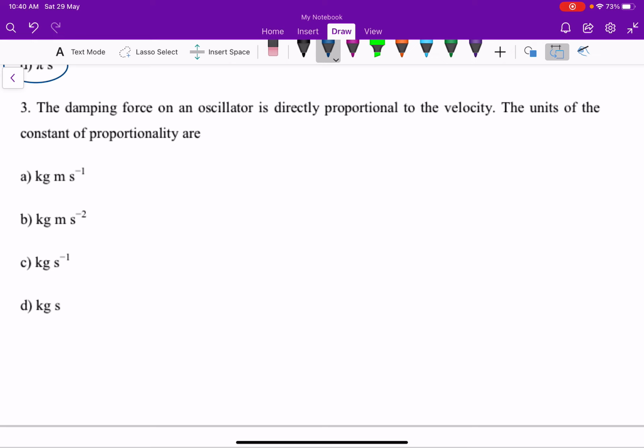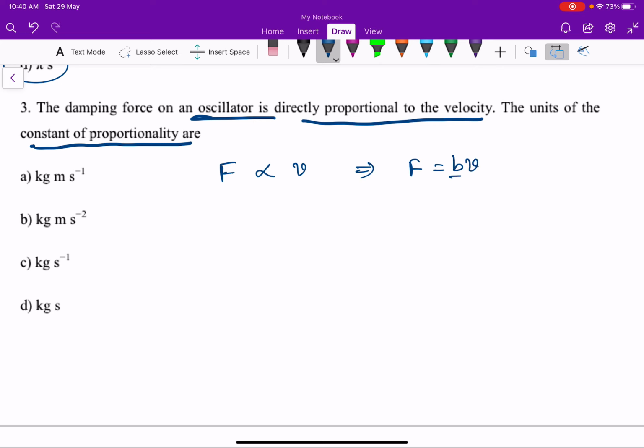See, the damping force of an oscillator is directly proportional to v. What are the units of the constant of proportionality? The damping force F is proportional to v. By removing the proportionality symbol, we get b, the damping constant. Therefore, damping constant b is equal to F by v. F equals m a, so for mass the unit is kg, for acceleration meter per second square, and for velocity meter per second.